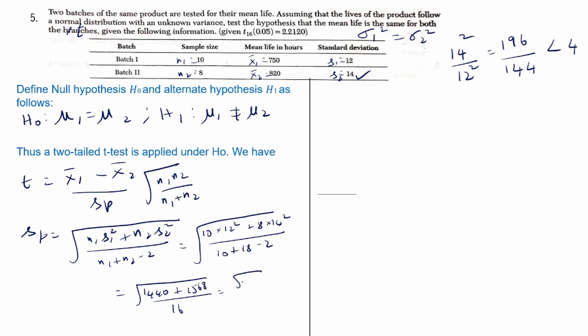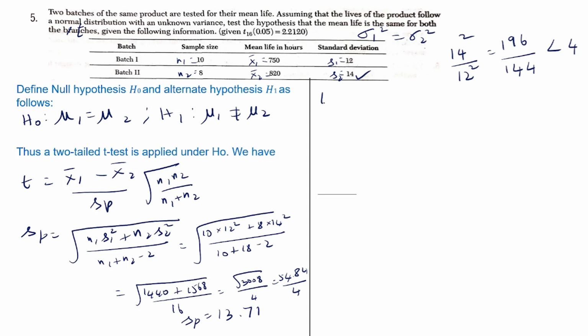So this is root 3008 upon 16, which is root 188, that is 13.71. So this is sp.